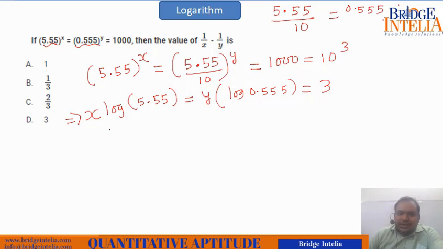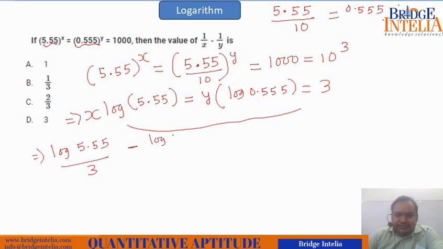Now concentrate on these two terms. 1 upon x can be written as log 5.55 by 3. 1 by y can be written as log 0.555 by 3. So this is actually equal to 1 by x minus 1 by y, and we are supposed to find the value of these very terms. So now you take 3 as common.